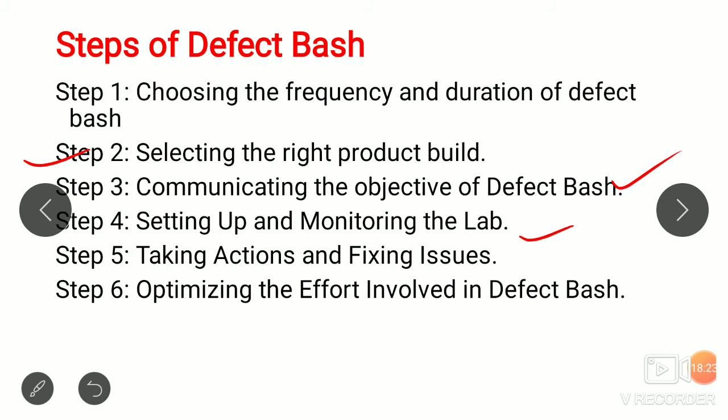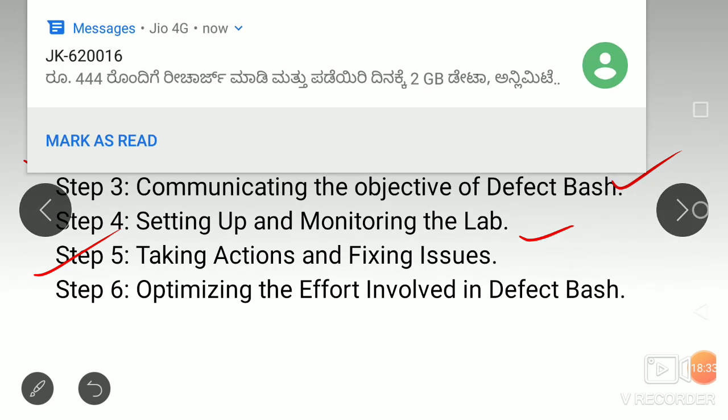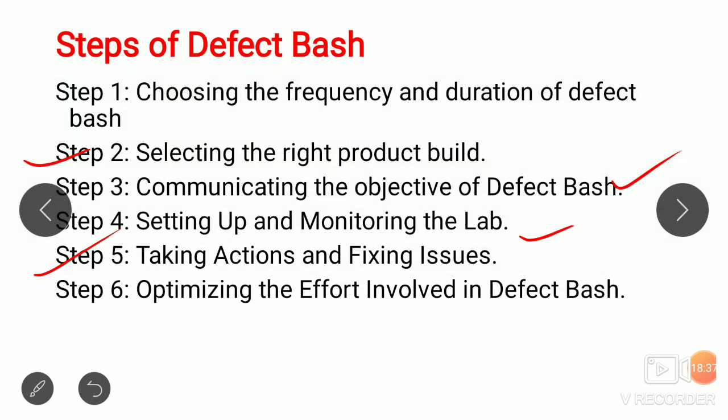And the next one is taking actions and fixing issues. That is, the fifth one is taking actions and fixing the issues. Here we need to take the necessary corrective actions after the defect bash. Getting a large number of defects from users is the purpose and also the normal end result from the defect bash.